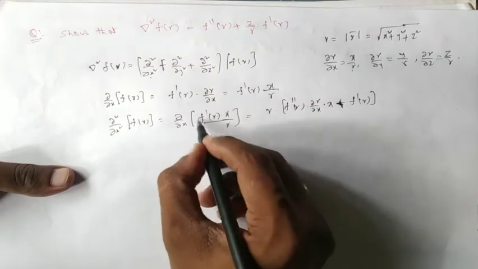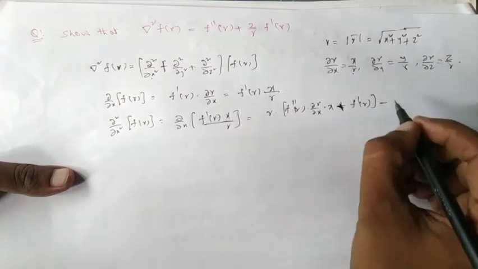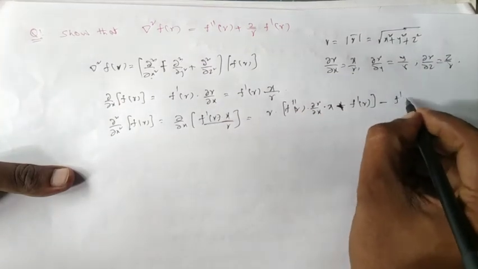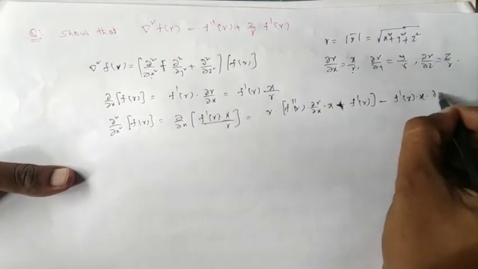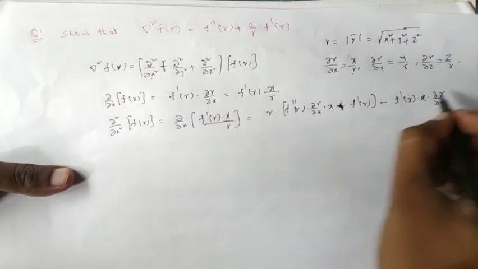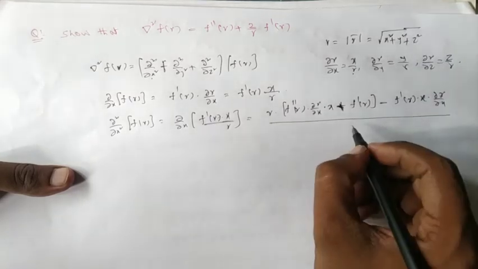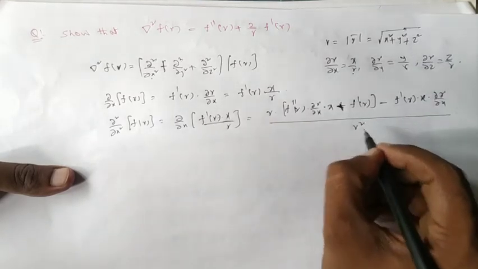This is r into the derivative of this term, minus f'(r) into x into the derivative of r, which is ∂r/∂x, all by r square. Is it clear?